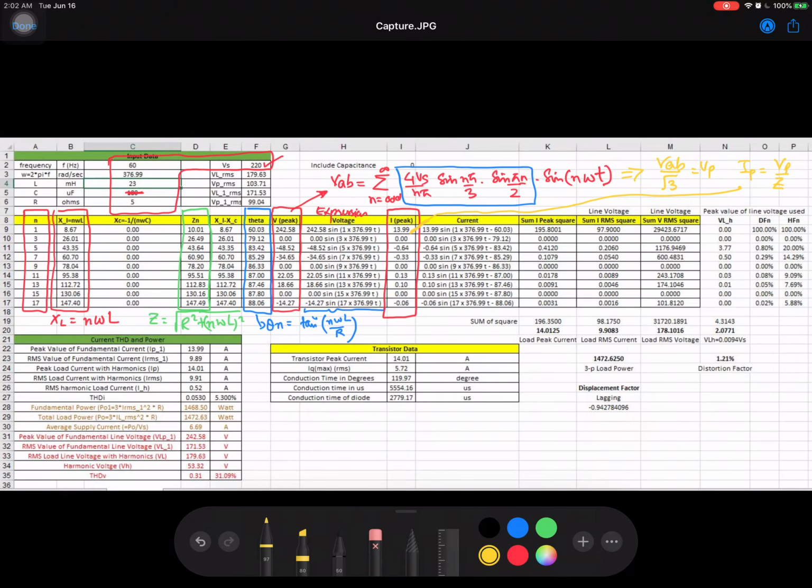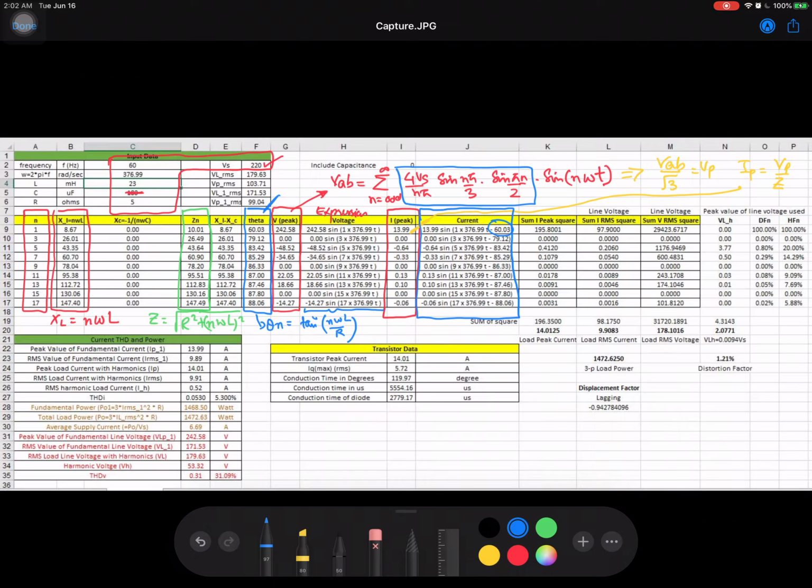Then in the next column, I have written the current expression for the line or phase current. In this, the angle is accommodating the impedance angle theta.